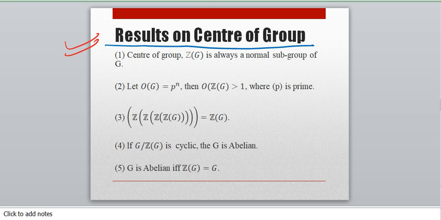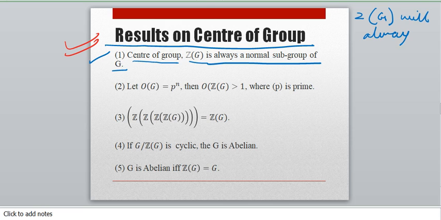What are the results? What are the important points actually? First one, the center of group Z(G) is always a normal subgroup of G. So what does that mean? It means that Z(G), the center of the group, will always be a normal subgroup of G. Okay, students.